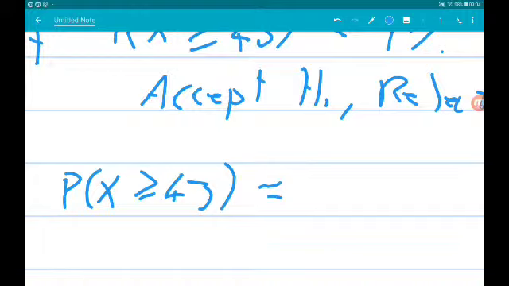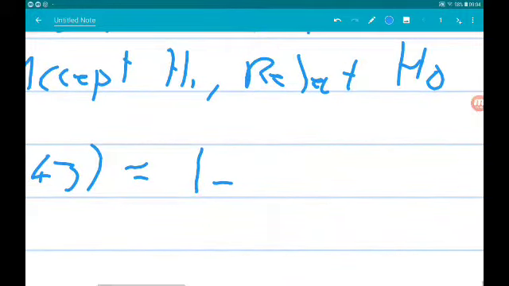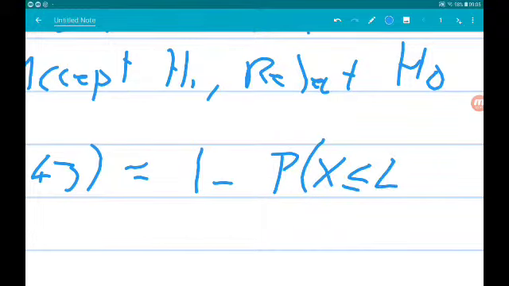We would want binomial CD, and that always gives you the probability x is less than or equal to the value for x that we put in. So we want to do 1 minus the probability x is less than or equal to 42.